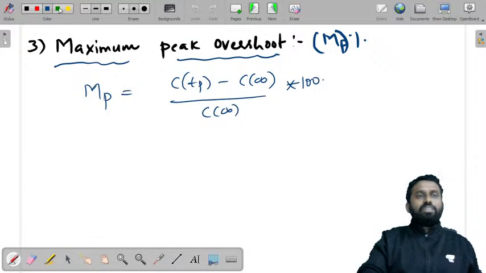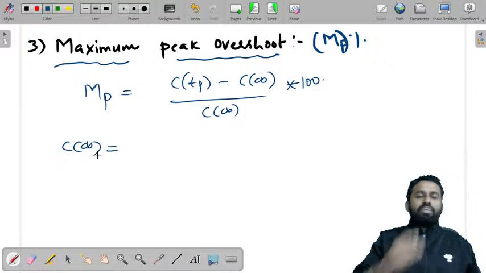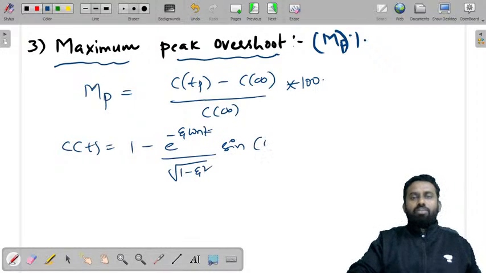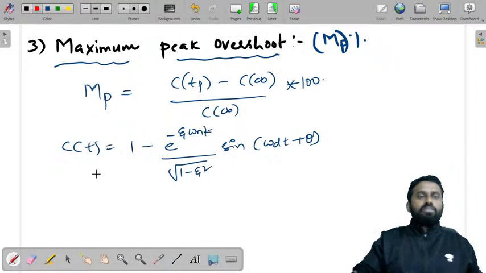Now we need to find what is C of Tp and C of infinity. First let us find C of infinity. What is C of t? First write that C of t is 1 minus e power minus zeta omega_n t by under root of 1 minus zeta square sin(omega_d t plus theta). Now apply C of infinity.